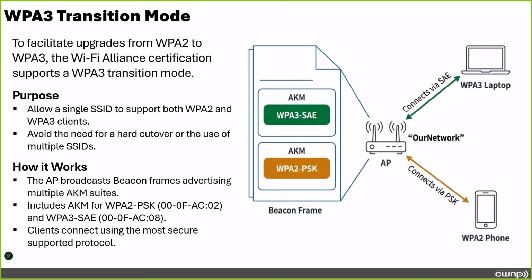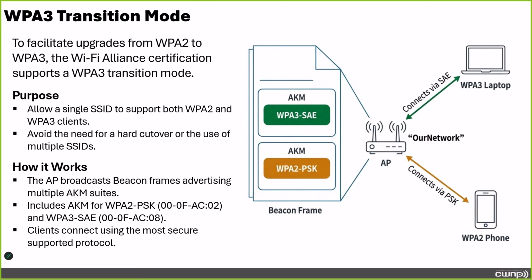Now, there is a thing that is made available through the Wi-Fi Alliance that can help. That is that if a client detects that an SSID supports WPA3, it will flag that SSID to never downgrade to WPA2 in the future.